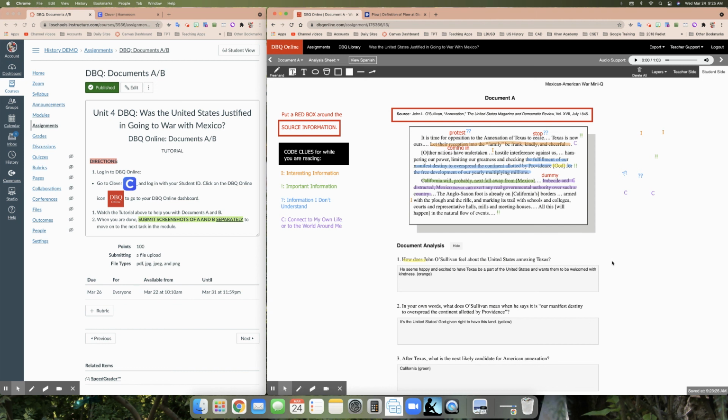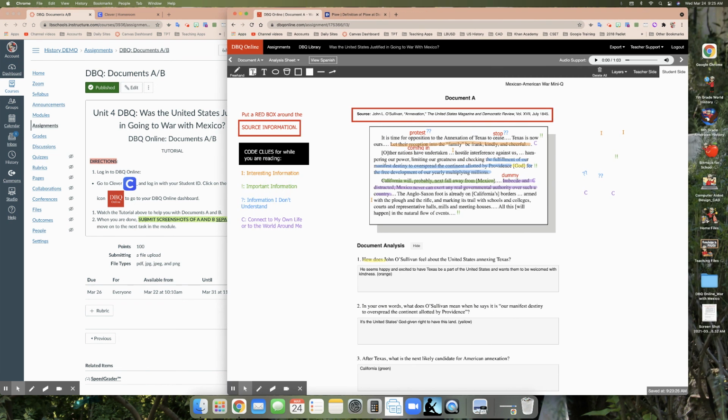What I do want you to take a screenshot of is just this first part right here. Okay, where I can see that you've done the work of labeling and highlighting and all of that, and that you've started your answers, and then that will let me know that you're ready for me to look at it and give you feedback in the DBQ resource.